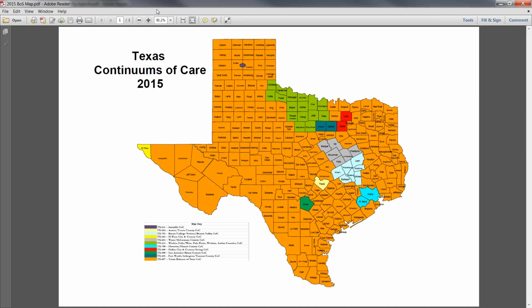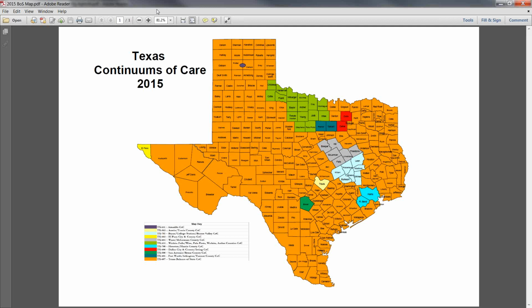The Texas Balance of State Continuum of Care actually started in 2005. It was started by our executive director, Ken Martin, and a consultant that has worked closely with us for many years, Paula Harper. They formed the Texas Balance of State to provide support to our rural counties in Texas and offer them an opportunity to apply for federal and state funding that many of our large communities have taken advantage of for years.